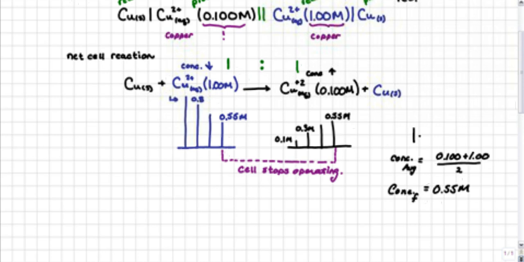But again, recall that this is only when the mole ratio is a 1-to-1 mole ratio, as it is here. And so this cell, as it operates, converts a higher concentration of copper ions into a lower concentration of copper ions, at least as far as the reactants are concerned.